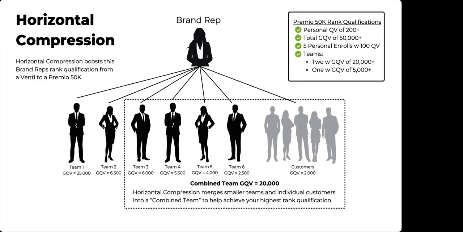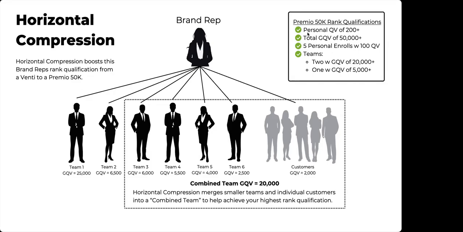But with horizontal compression, the system automatically looks and says, okay, they've got one Premio team qualifier at 20K. Their second highest team is at 6,500. So that could count for the 5,000 qualifying team. Now, if I combine all their other teams and customer volume together, what does that equal? That equals 20,000. 20,000 is that other $20,000 team requirement for a Premio.